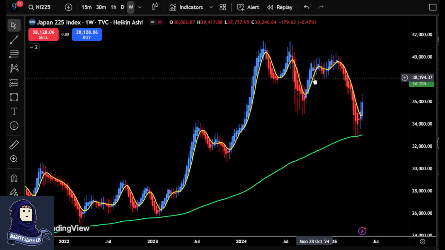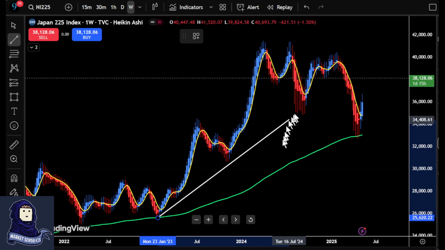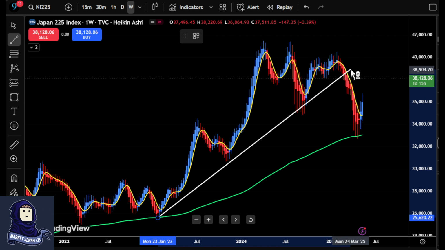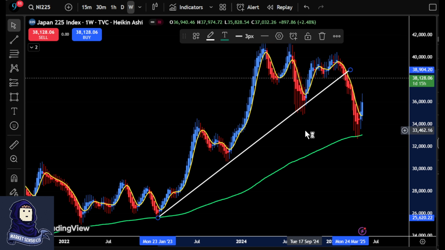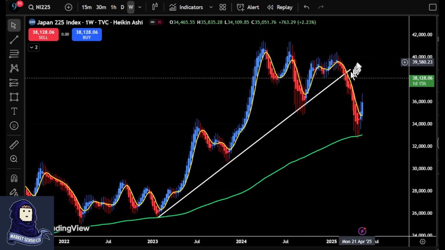Yeah. So another way to make significant profit is the trend line. The trend line is a very underrated tool. As you can see, you can expect some kind of move downwards when it breaks below this one.